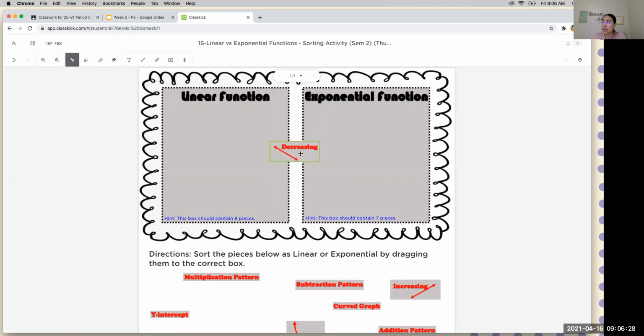So thumbs up if this line that's decreasing is linear. Clap if it's exponential. I see thumbs. Good job. So this is linear, a line is linear.